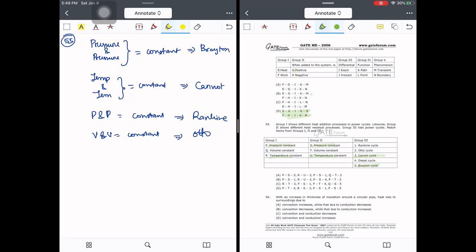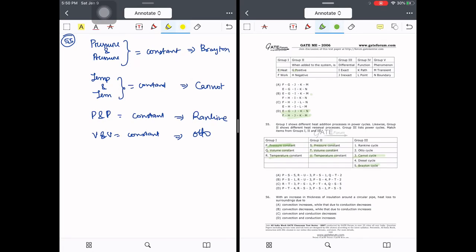Temperature constant, Carnot cycle, because there are two isothermal processes. Then P and P, that is pressure and pressure, Rankine cycle. In the Rankine cycle there are two stages where the pressure is constant. At the boiler the pressure is constant, but temperature is not constant, and volume is also not constant.